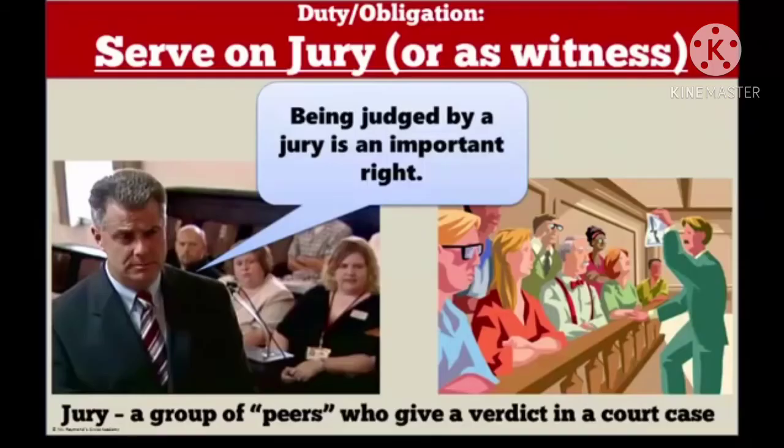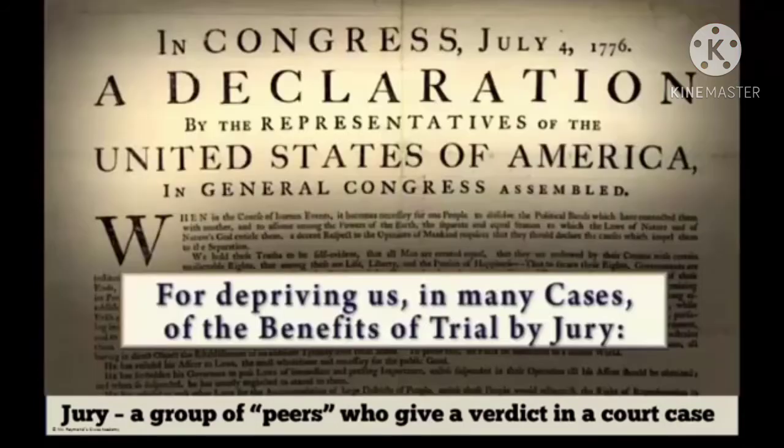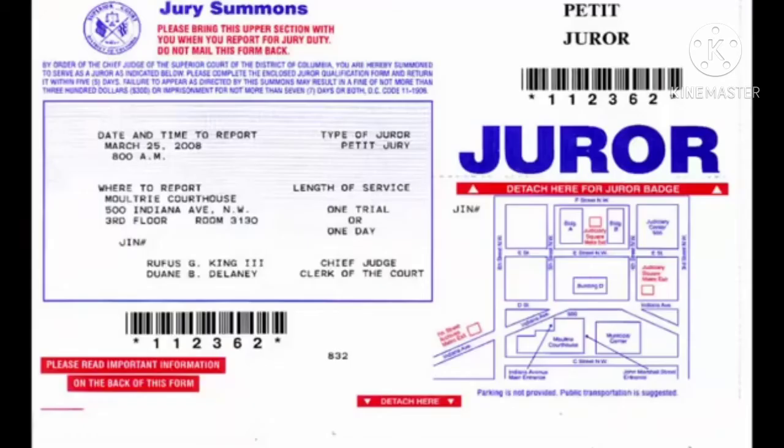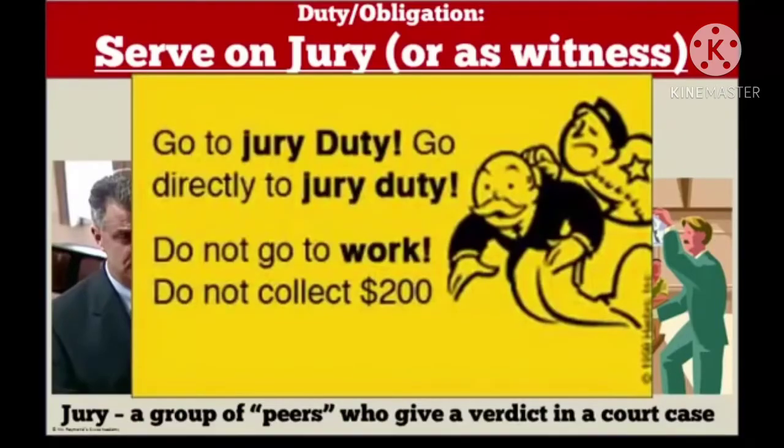The next is serving on a jury. Losing the right to trial by jury is not an ideal thing, but one of the duties of every citizen is to serve on a jury. There is what we call a court summons. This is a notice to an individual to come and bear witness in court.